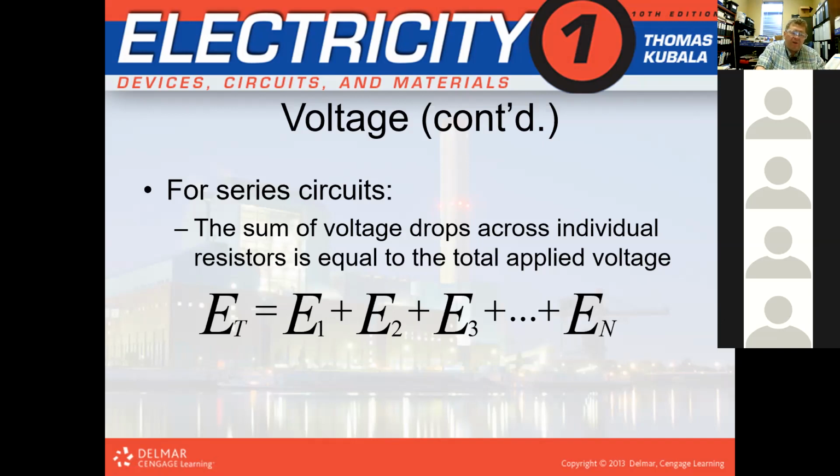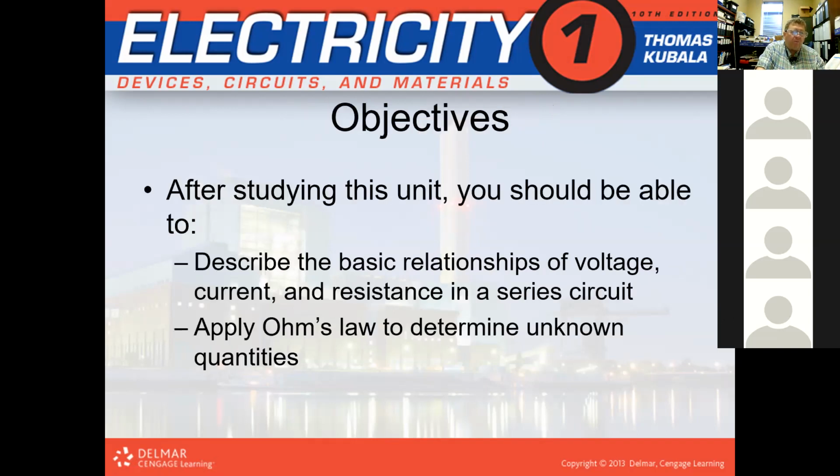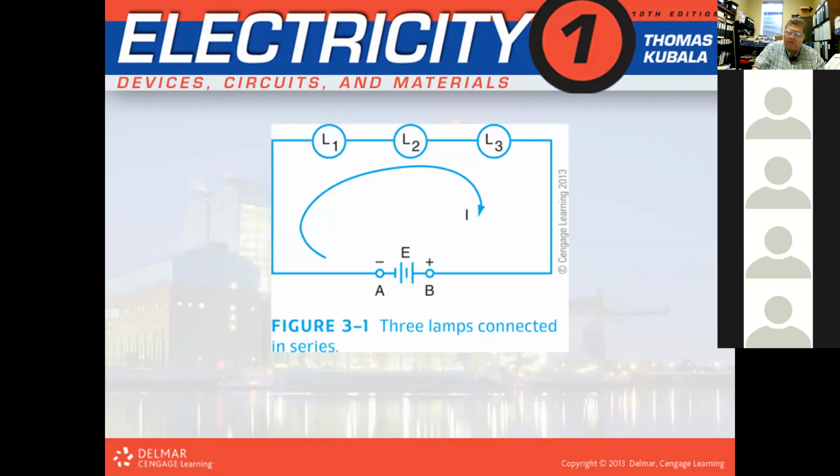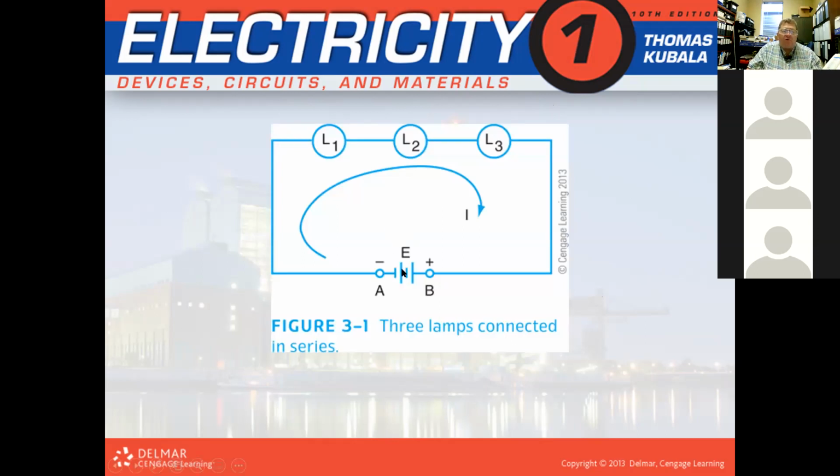So in a nutshell, if this was 12 volts and all of these light bulbs were the same exact type of bulb with the same resistance, here's what it would mean. The 12 volts would be divided evenly among those three bulbs, and you would have 1/3 of the voltage across this bulb, 1/3 across this one, another third across the third one.